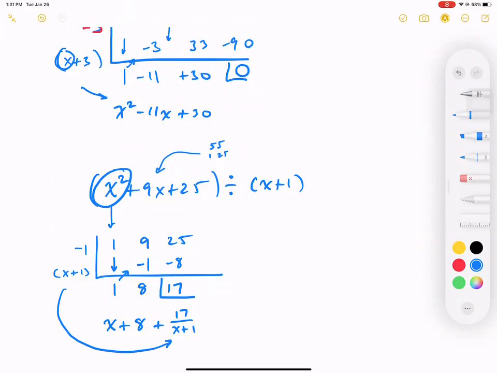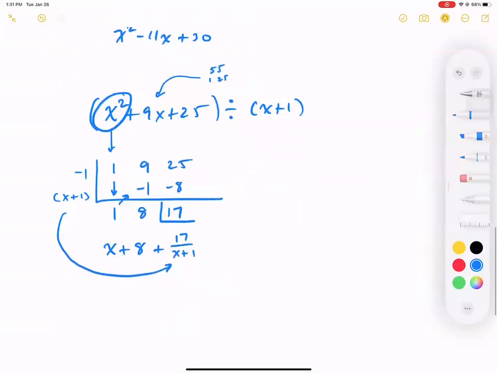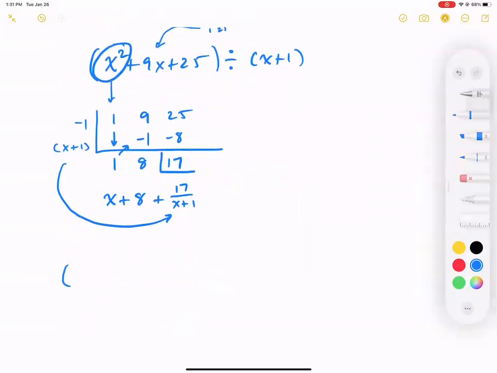Now, is this the right answer? Can I double check this? And we actually can. If I say x plus 1 times x plus 8 plus 17 over x plus 1, oh, this is an 8, I'm sorry. Okay, oops. That's a little ugly. All right, so here's what I'm going to do.